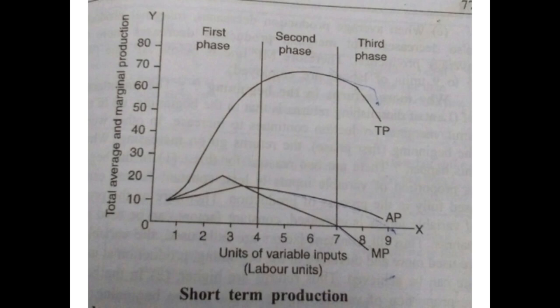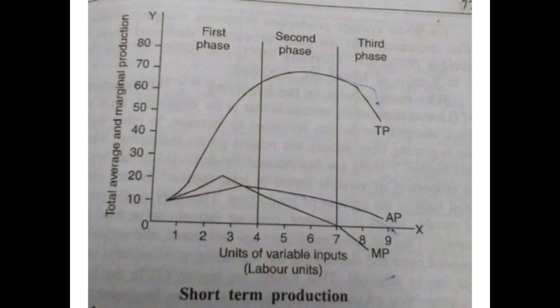Statistical data and figure indicate that AP and MP are moving upwards in the beginning, but MP is higher than AP in the beginning. Another is when average production remains constant and there is no change in it, and average and marginal production become equal.